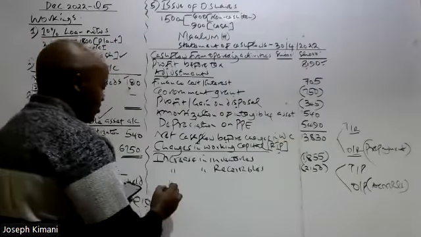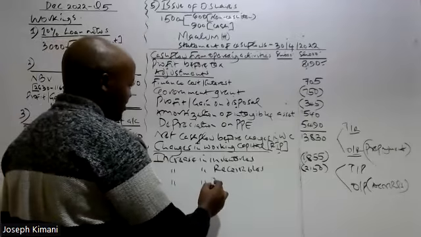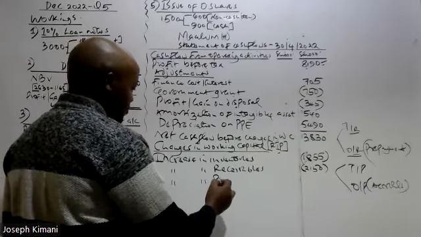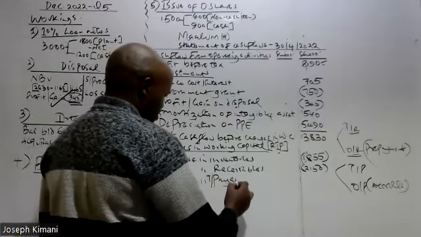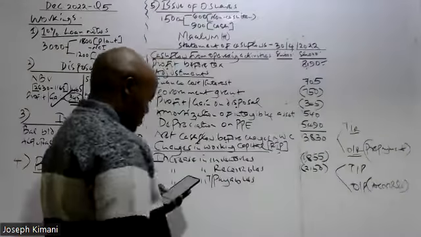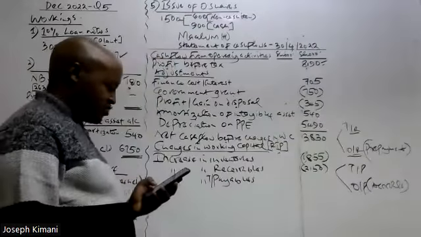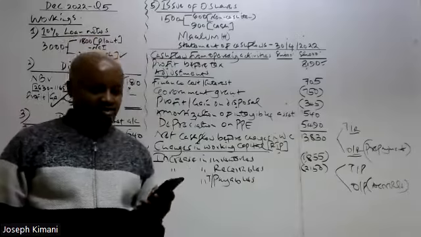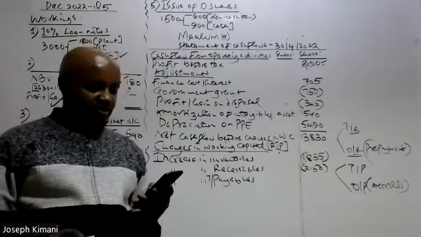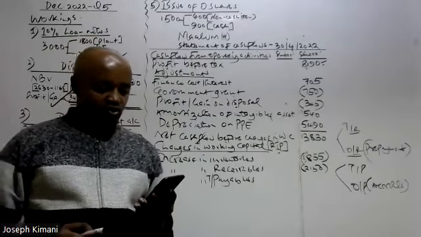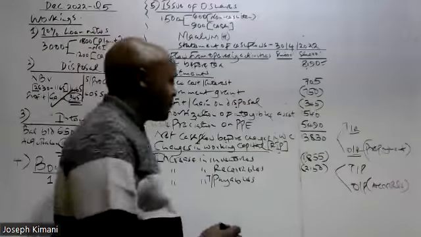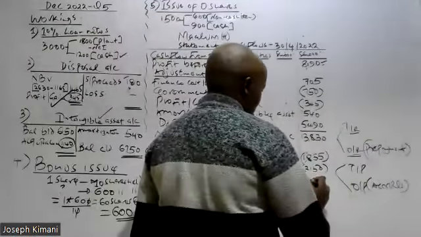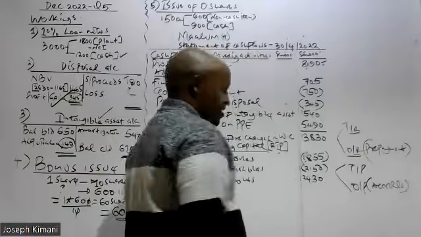And for the trade payables, we have an increase. So how much is the increase in trade payables? From 7,770 to 10,200. So we have an increase of what? Of 2,340.